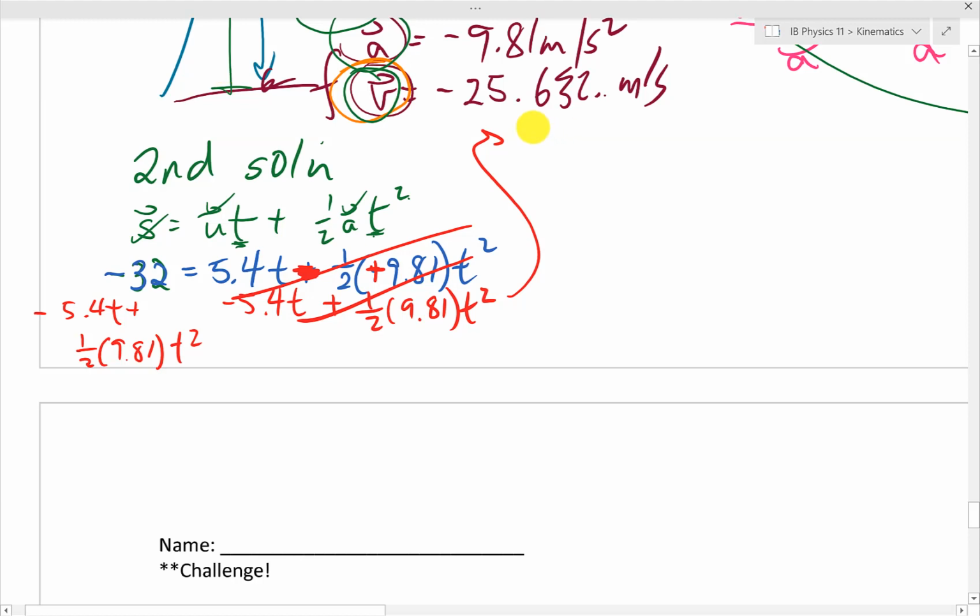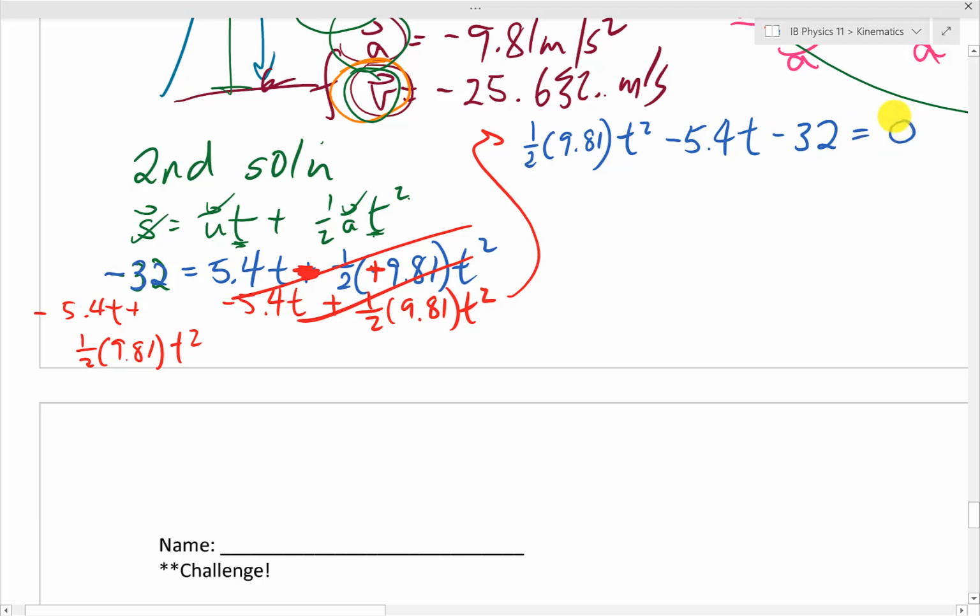Okay, we are left with 1/2 times 9.81 t squared. And I'm going to bunch it up so that my t squared is my first term, my singleton t is my second term, and my no-t term is my third one, minus 32 equals 0.